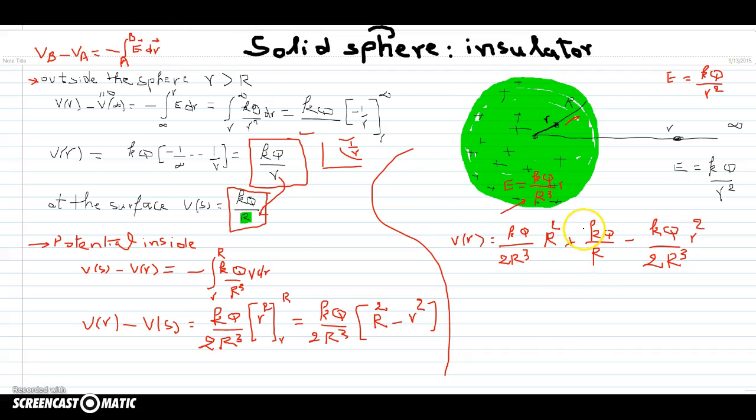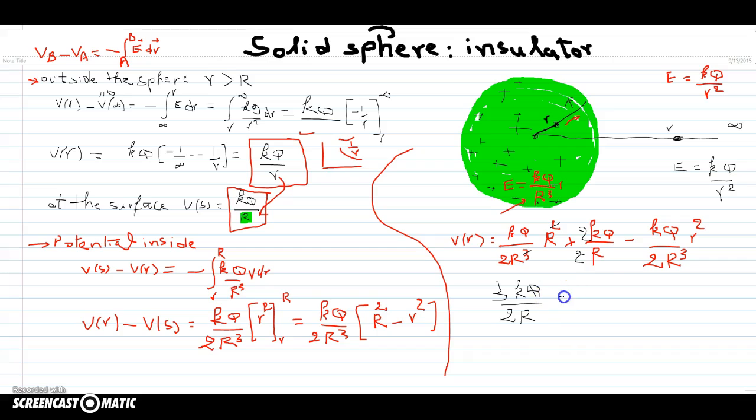This is 2, this is 2, and this is 2. So same denominator. Here R squared over R cubed, I lose this one, I'm left just with R. So KQ over R plus KQ over 2R, same denominator, that is 3KQ over 2R, the combination.